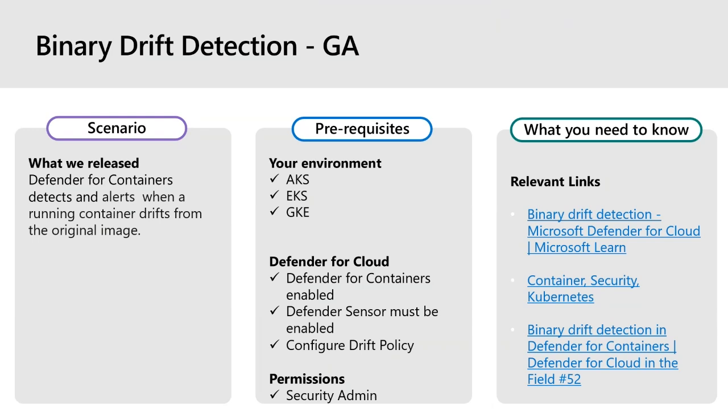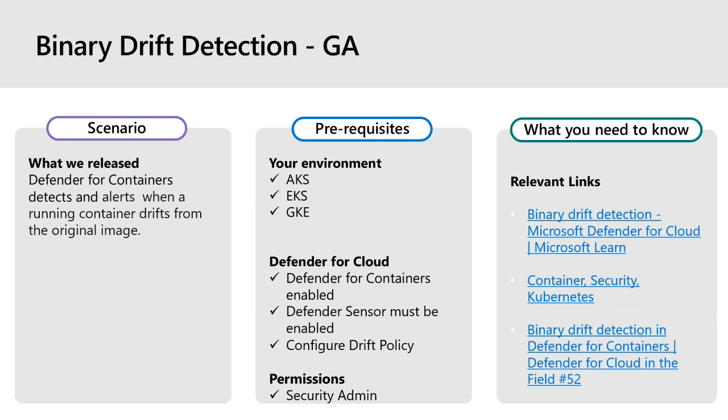Defender for Containers has a binary drift detection feature that's available for Azure AKS, Amazon EKS, and Google GKE clusters as well. If you look at the prerequisites, you need to enable the Defender for Containers plan, and the Defender for Containers sensor must also be enabled on the subscriptions and connectors.